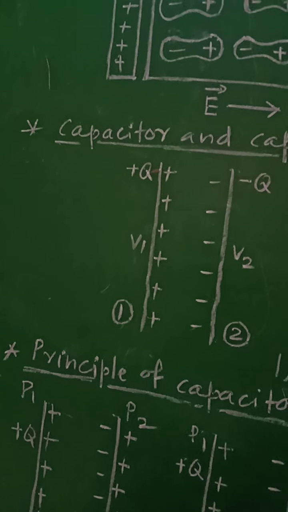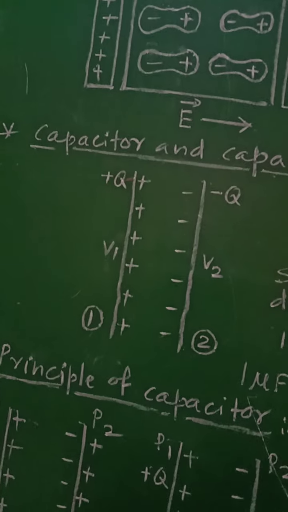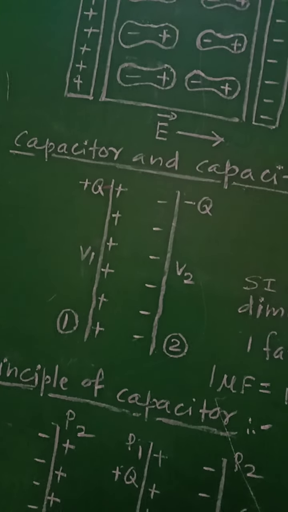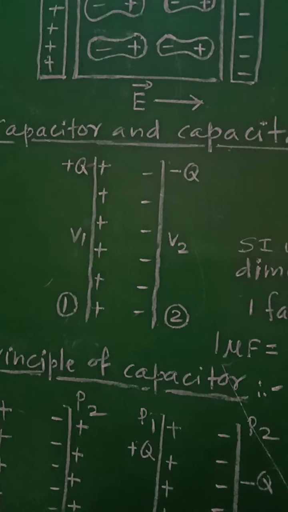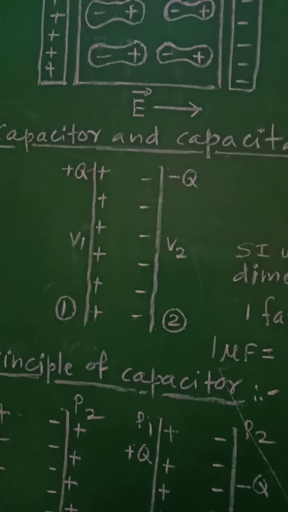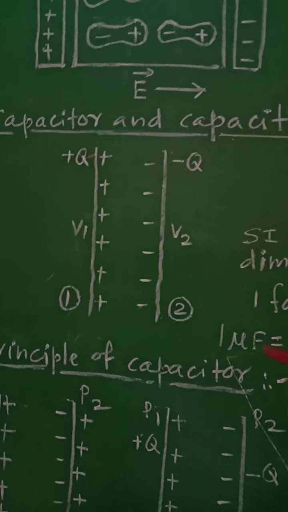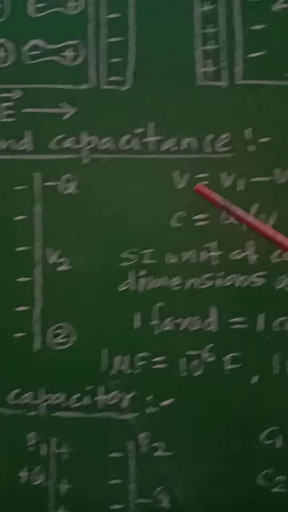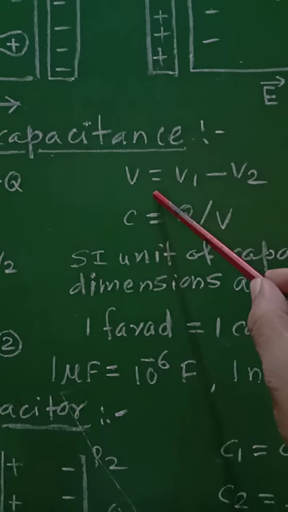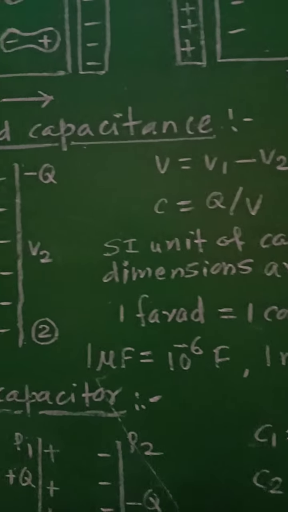Now consider these capacitors, then consider the conductors 1 and 2 having charges plus q and minus q with potential difference V equal to V1 minus V2. The positive plate will have higher potential than the negative plate, and therefore the net potential between these two plates will be equal to V1 minus V2.